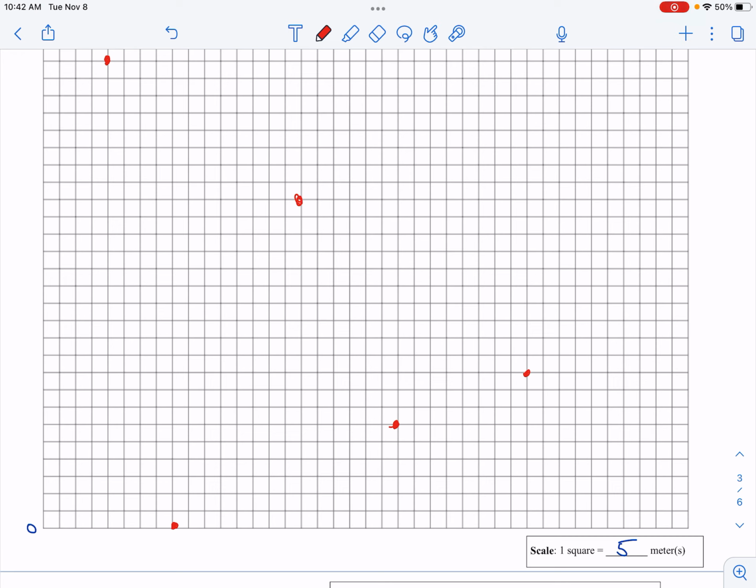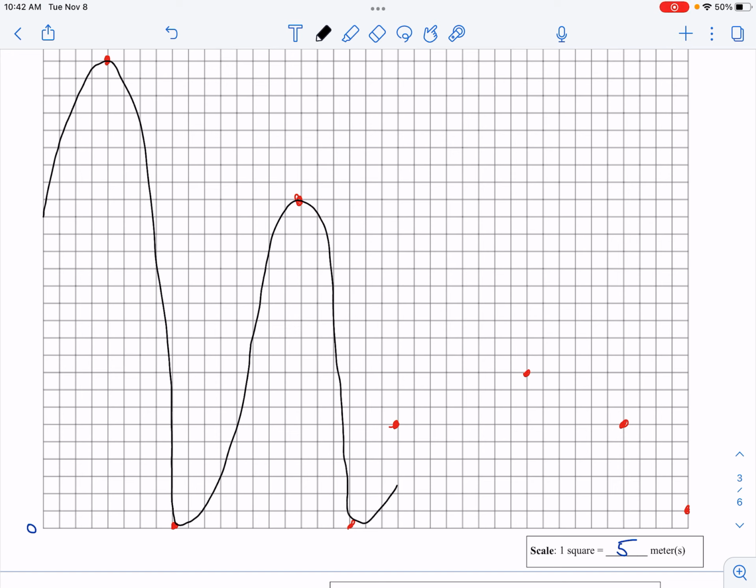Again, you can play around with this. And then, once you have your points, you can connect them in a way that's going to make sense for your roller coasters.